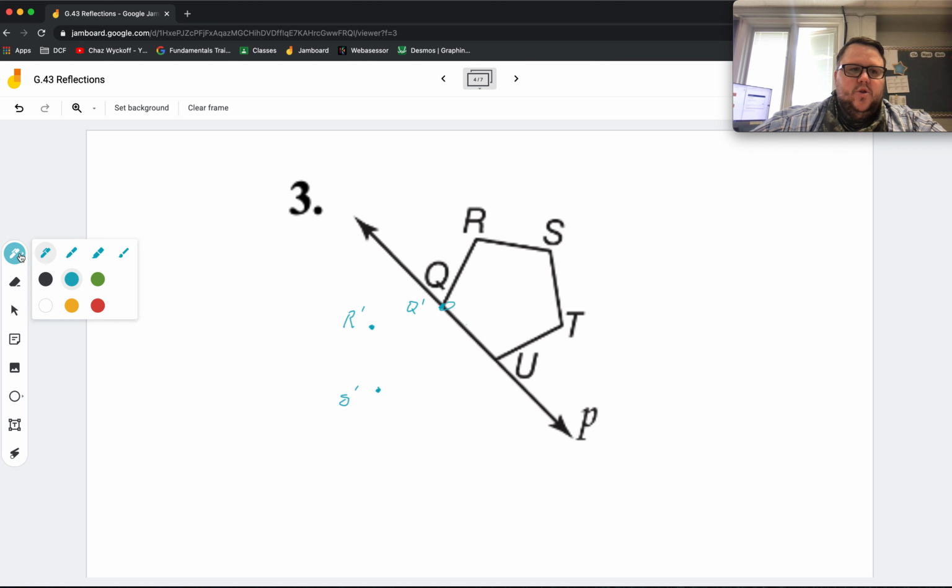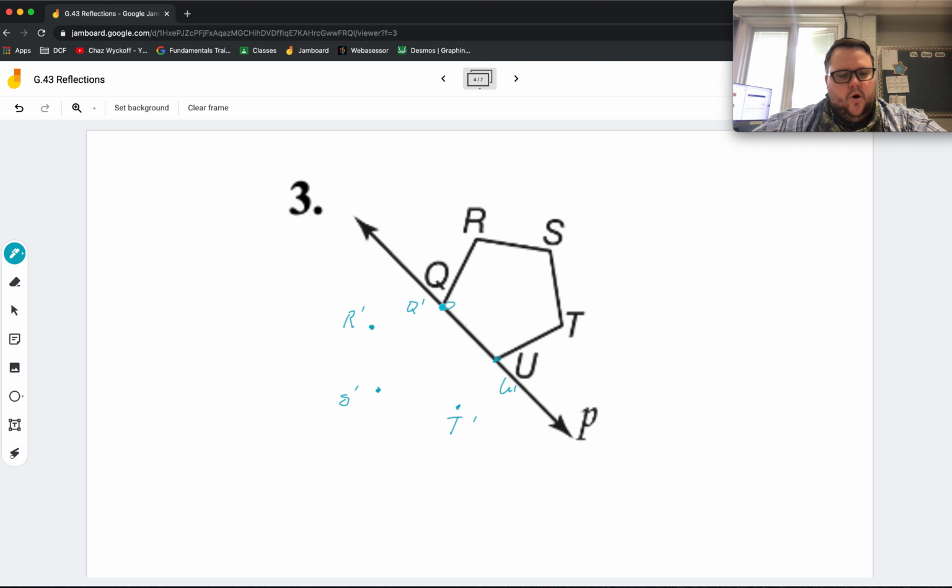And if I were to draw that dotted line, you would see that it makes my 90-degree angle. S prime, T, my perpendicular is right here, so T prime would be right here, and U prime stays on the line because U is on the line.